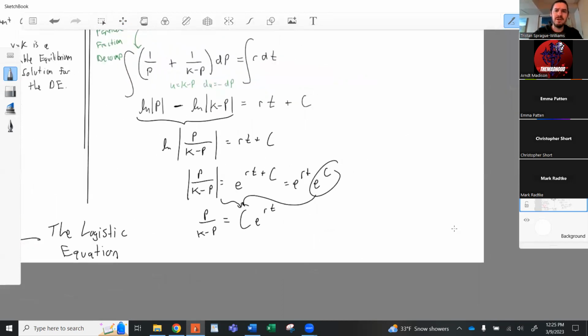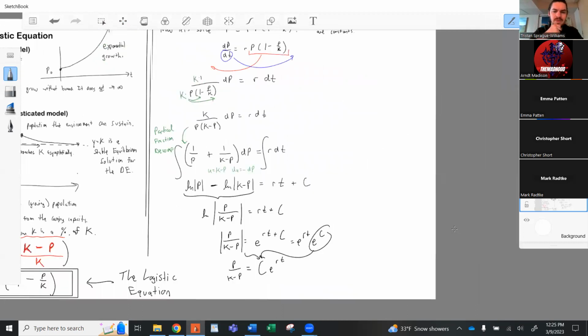So hopefully that's looking kind of familiar, and we can skip through the deets. Anyway, we got P over K minus P equals this exponential function, right? So now we just got to solve for P.